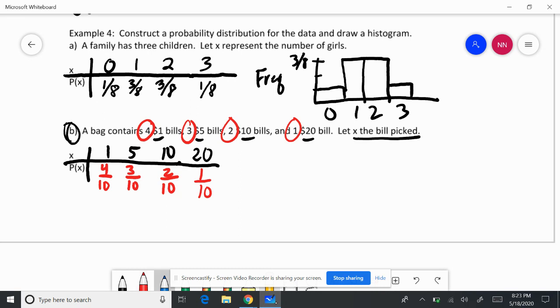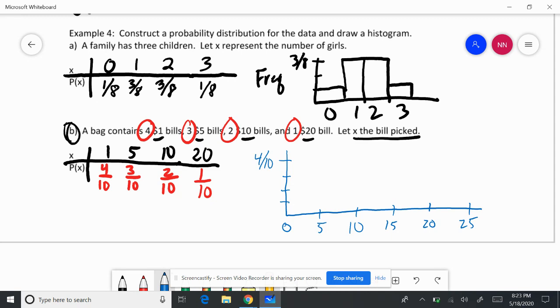Now what we're going to do is come up with our histogram. The histogram is going to be a little bit different than the last one. I don't want to draw 1s all the way to 20s, so I'm going to go by 5s. So start at 0, 5, 10, 15, 20, and 25. The max is 4/10, so I go up to 4/10.